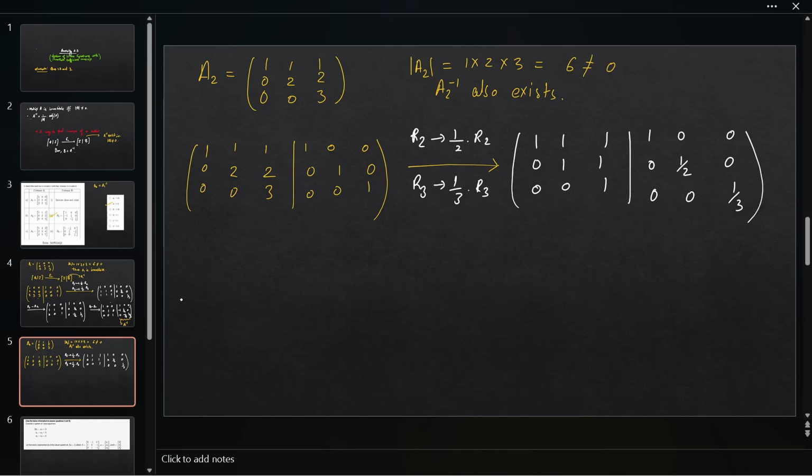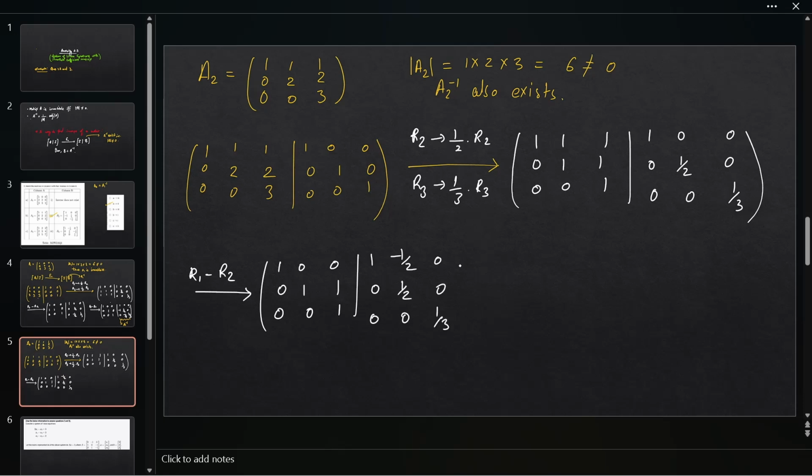Once it is done, we can use this operation where we are saying R1 minus R2. So if we perform this, we will get 1 0 0, 0 1 1, and 0 0 1. And here it will become 1 minus half 0, 0 half 0, and 0 0 1 by 3.